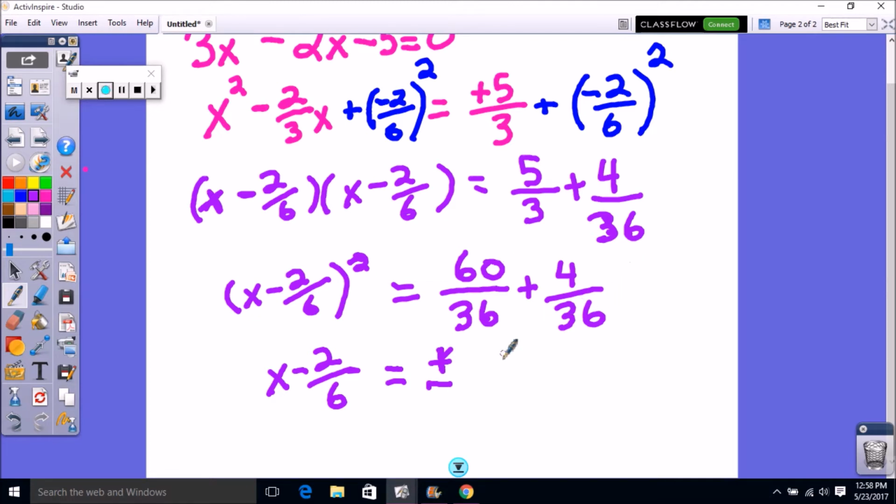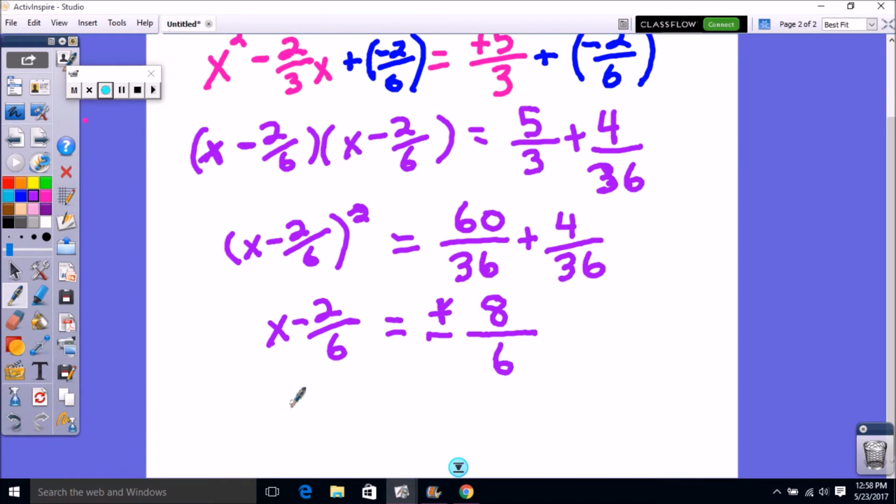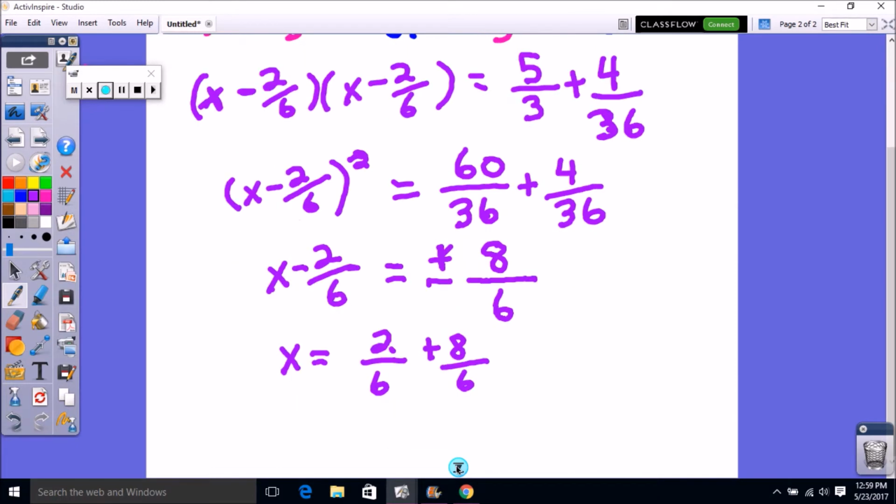The square root is 8, and 36 on the bottom, square root of 36 is 6, so now I'm going to move this over. I have x equals 2/6 plus 8/6. And I also have, hold on, I'm going to write another one over here.